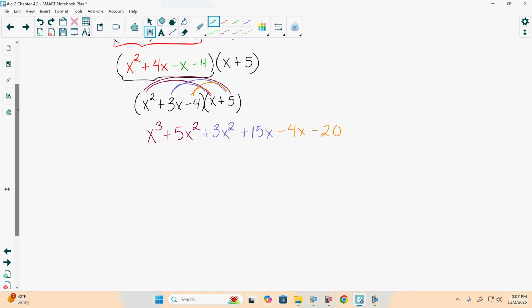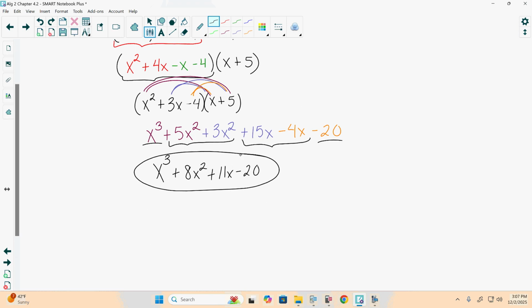Questions on how we got to this point here? Last thing we have to do is what? We're going to simplify, combine like terms. X cubed doesn't have any like terms. Our 5x squared and 3x squared, 5 plus 3 is going to be 8x squared. 15x minus 4x is plus 11x.